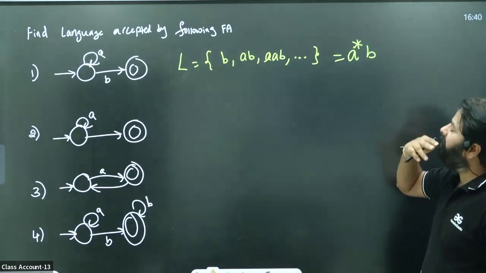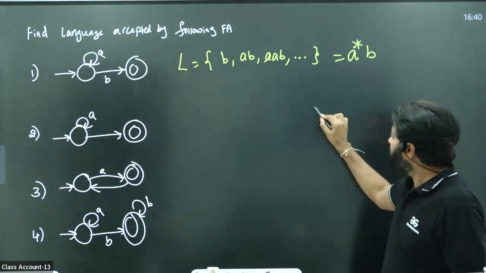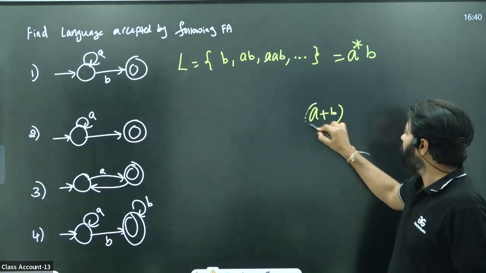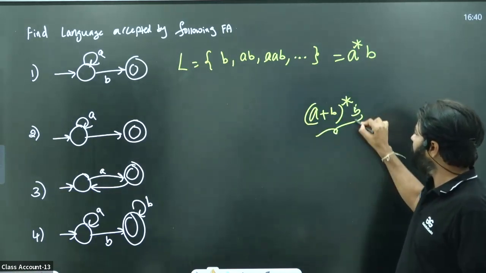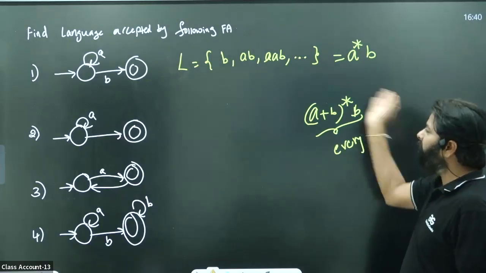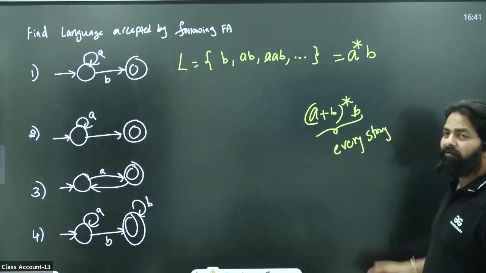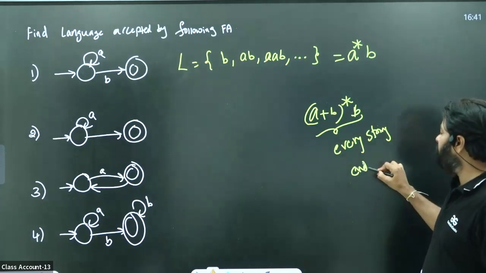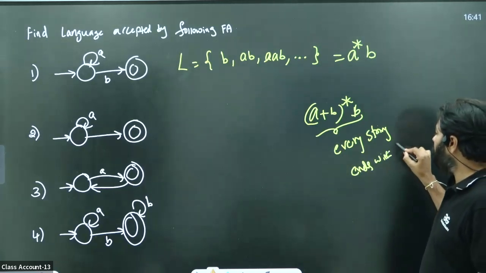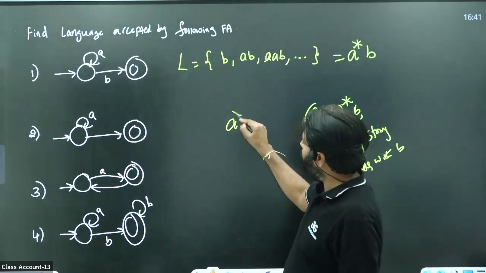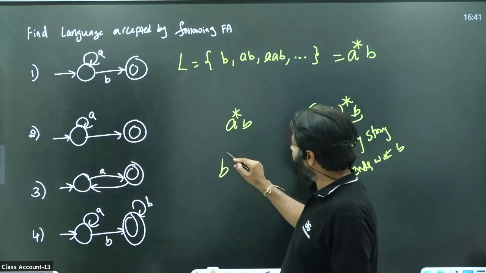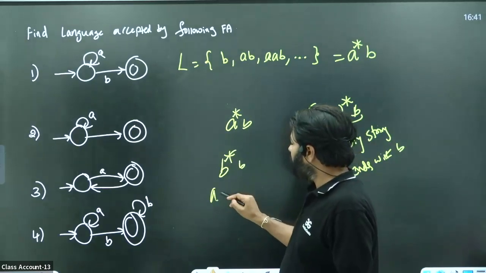Only some strings. Whenever you say ending with B, this has to come into the picture: Sigma star B, which will give you every string ending with B. Don't say ending with B for everyone. If you want to say ends with B, then A star B looks like ends with B. B star B looks like ends with B. Right?